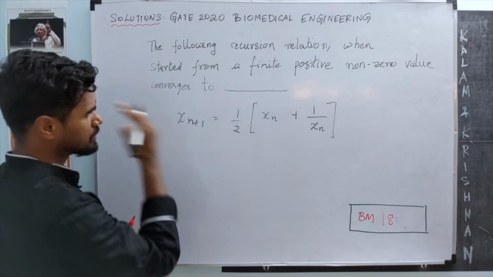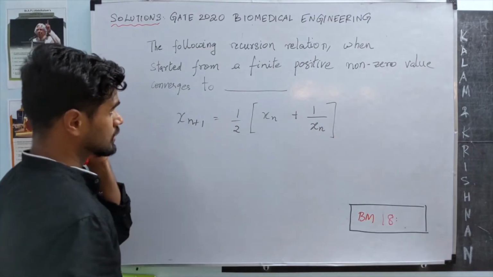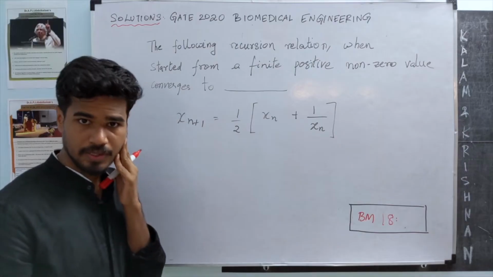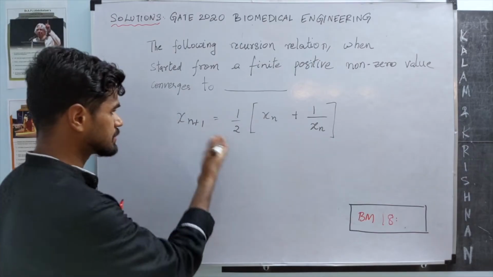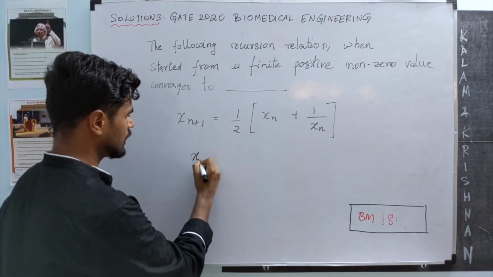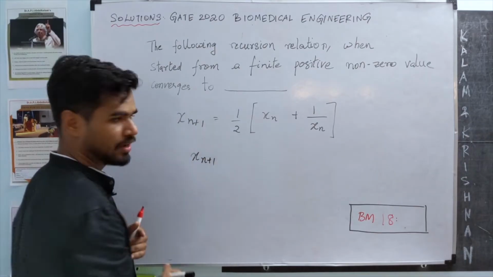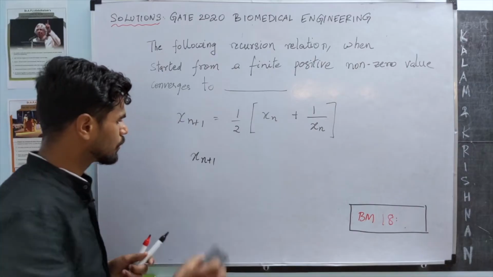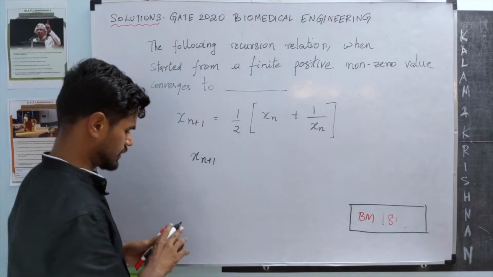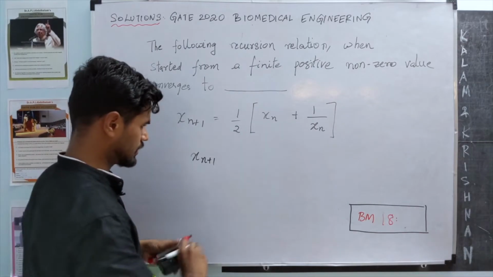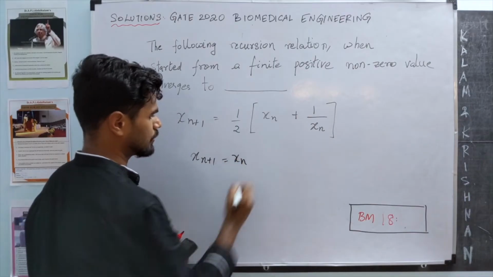So xn plus 1 is this thing. When it converges, what will the system satisfy? The new value that I get will not change. So xn plus 1 will remain at its old value.